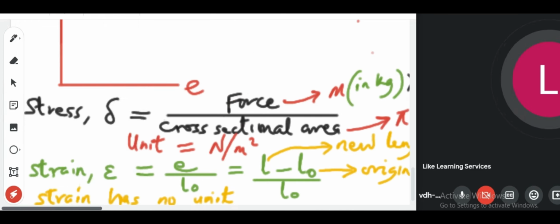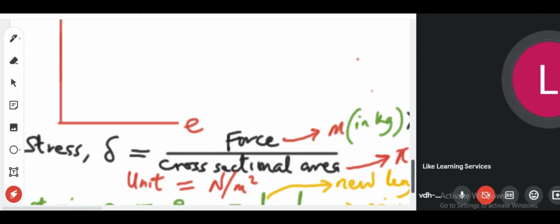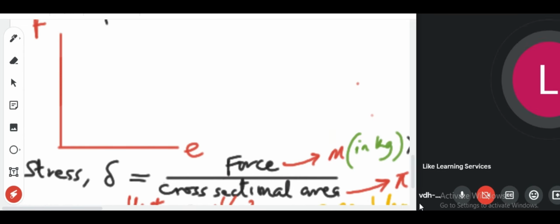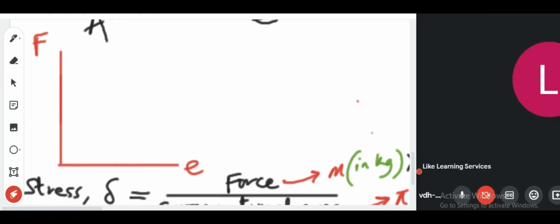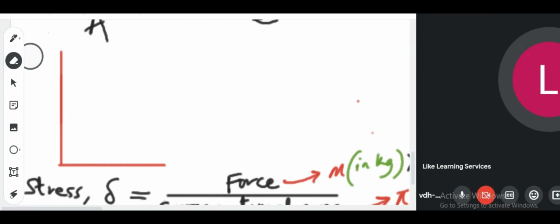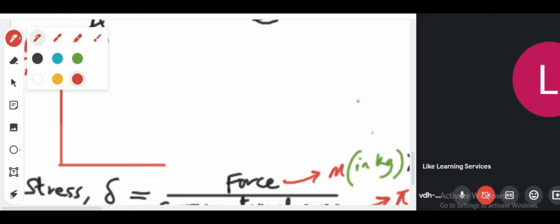All right, so with these new quantities, stress and strain, we can modify this graph slightly. If we divide our initial force against extension, if the force is divided by cross-sectional area, that will give me stress.